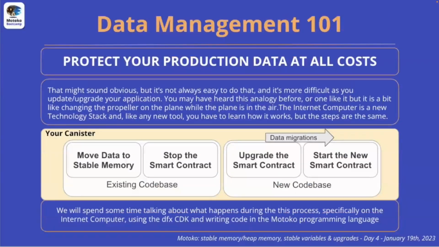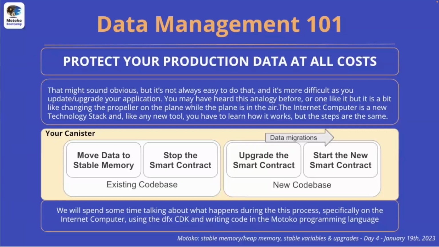Data Management 101. Protect your production data at all costs. That might sound a little obvious, just as the slide says, but if you've ever used a computer at all, you know that you need to save your data before you close the program. And what we're talking about is actually replacing the program or replacing the smart contract during an upgrade.